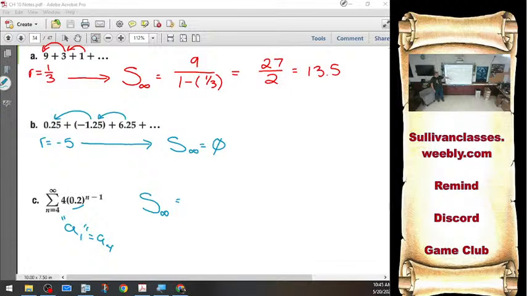So shove a 4 in here. 4 minus 1 is 3. What is 1/5 to the third? 1 over 125. And times 4. My first term is 4 over 125, over 1 minus r. r is 1/5. Be not afraid of the fraction. What is 1 minus 1/5? Dividing by fractions is easy as pie.